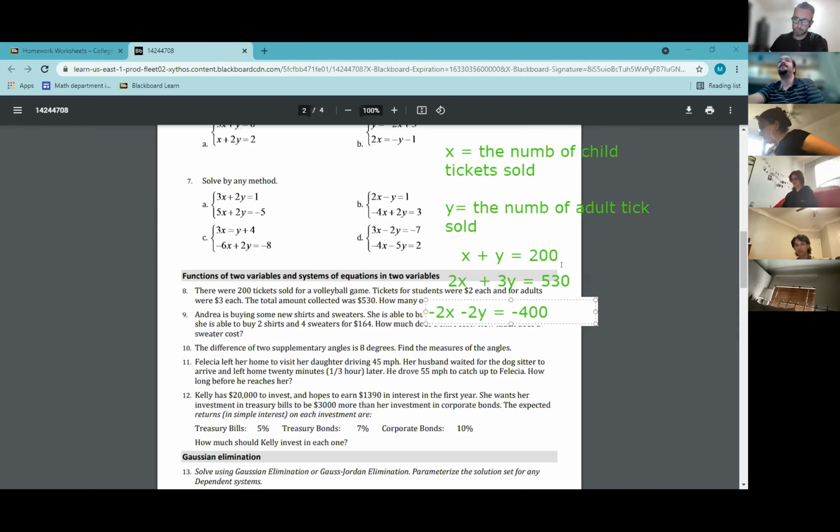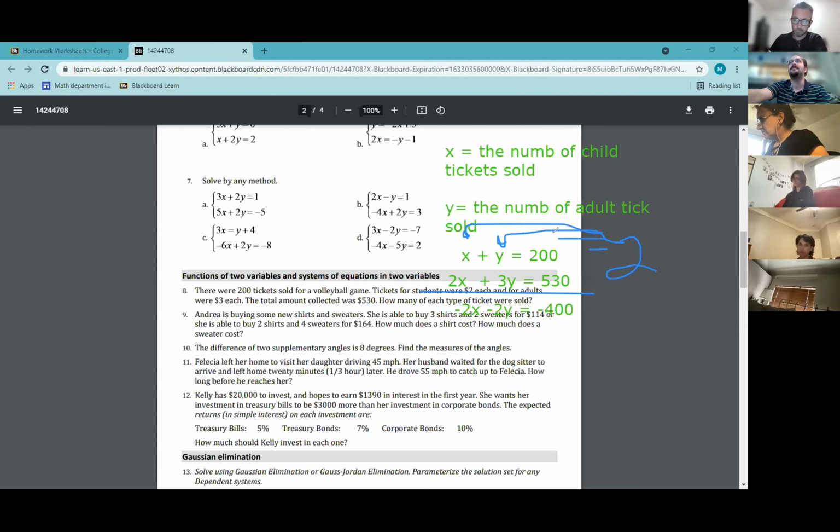Wait, sorry, how did you get the negative 400? Multiply the top by -2. Yeah, distributing that -2 to that top equation. Oh, we're doing elimination. Gotcha.